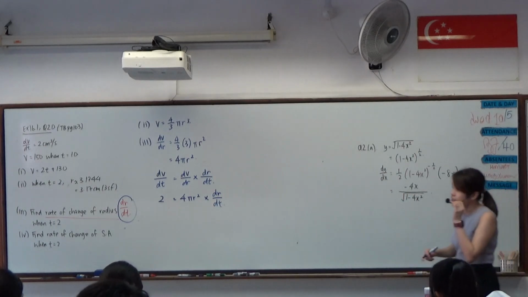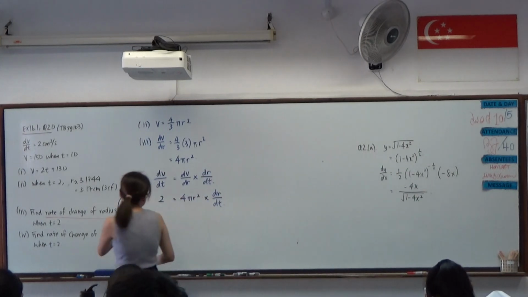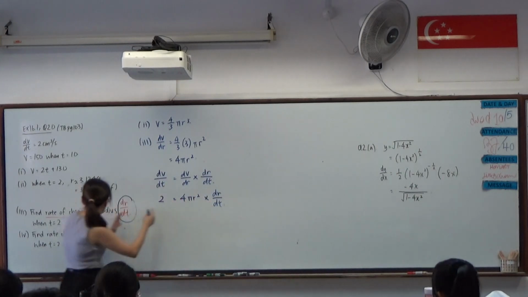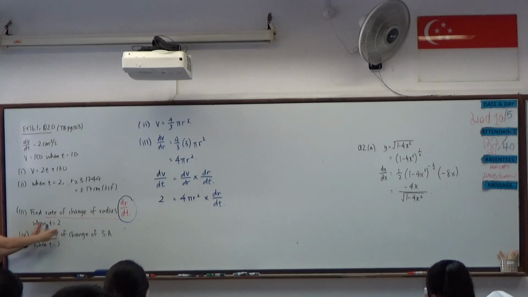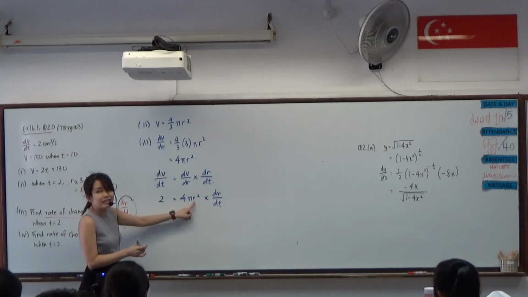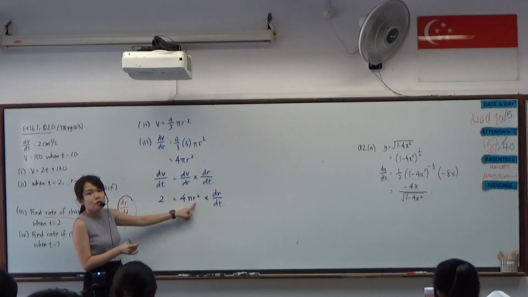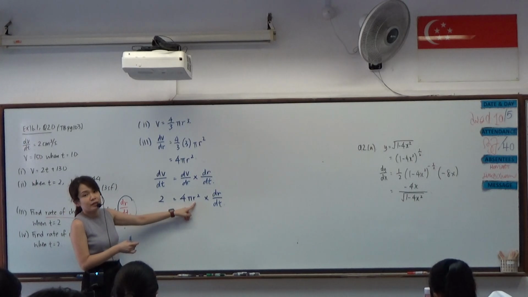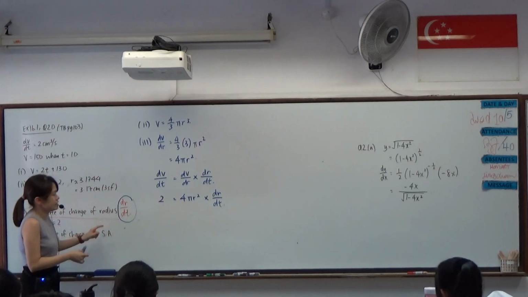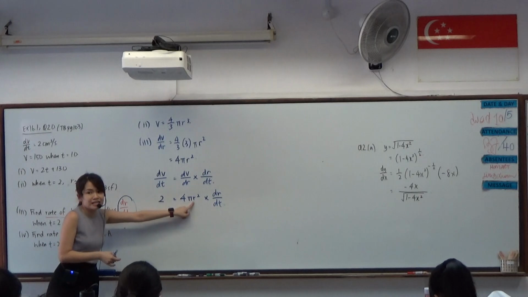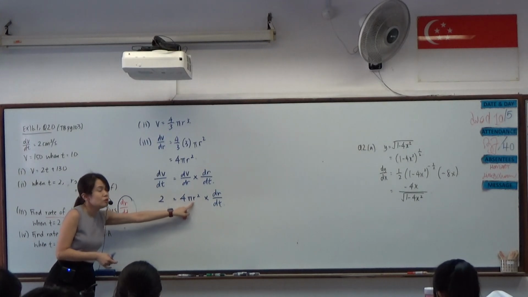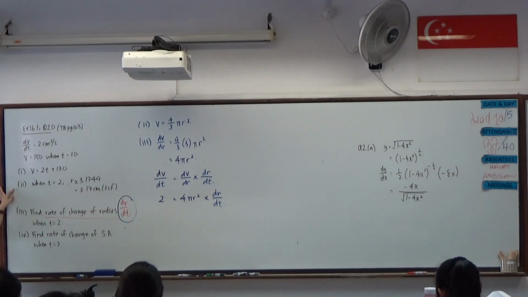The question says that we want to find out what is this rate of change when time is equal to 2. But over here we're given 4 pi r squared, whereby r is radius. So we need to know what is the radius when time is equal to 2. That will mean that we make use of our answer in part 2, because at part 2, we have already found out what is the radius when time is equal to 2.